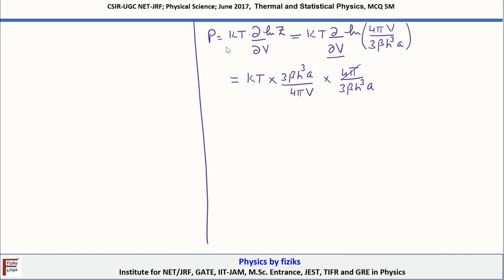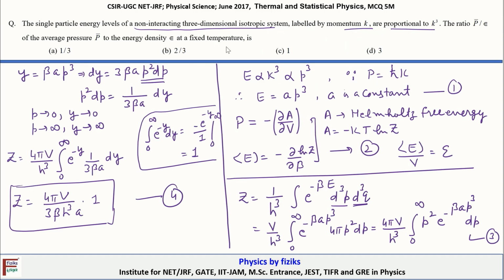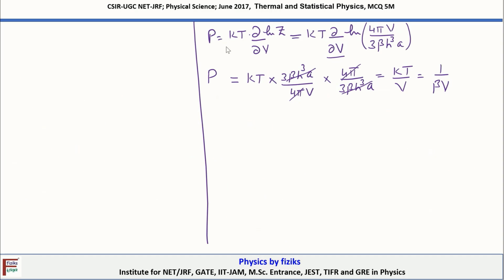So 4 pi cancels with 4 pi, and this term cancels with this one. Ultimately we are simply left with kT by V, kT divided by volume, which is equal to 1 upon beta V. So that is the pressure. Equation 4 I have already written, so this is our equation 5.